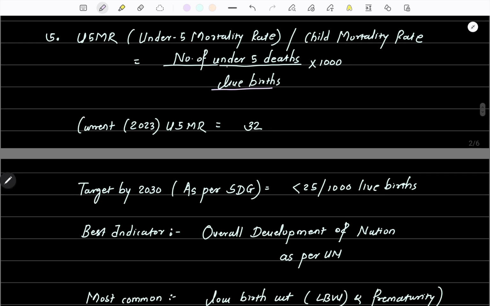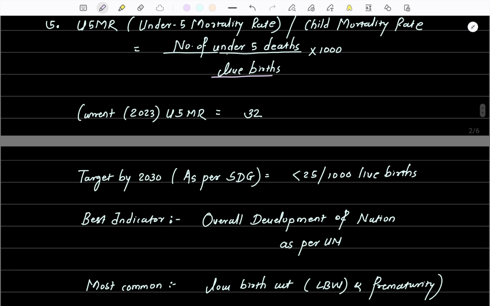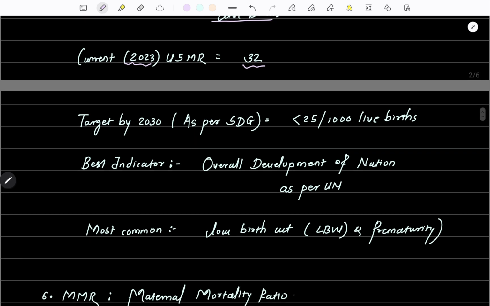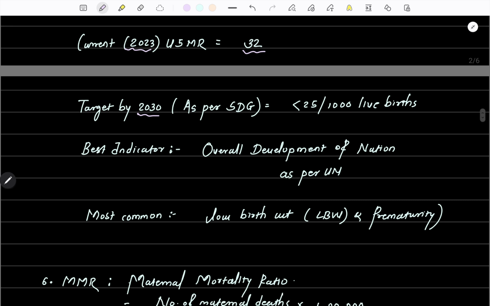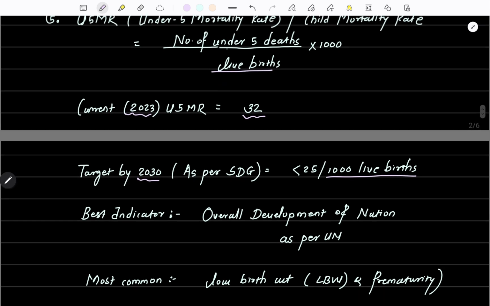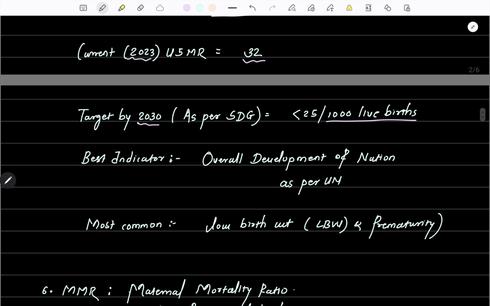This is the formula. The current under 5 mortality rate in the year 2023 is 32, and the target as per Sustainable Development Goal by 2030 is less than 25 per 1000 live births. This is the target.